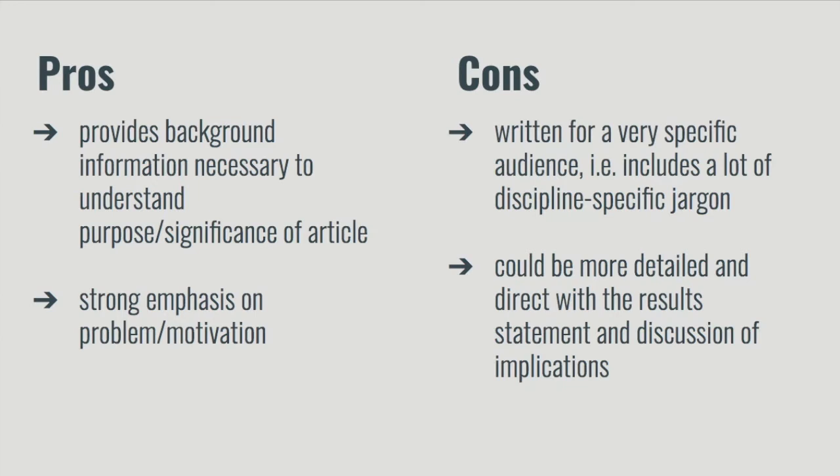And that maybe applies more to the situation that you all are in, more so than the situation for which this abstract was written, because it was published in a scholarly journal for a very specific audience of scientists, but you're going to be writing abstracts that have a broader audience, so you might want to go light on any jargon that you use in your abstracts, kind of tone that down and write for a more broad audience.